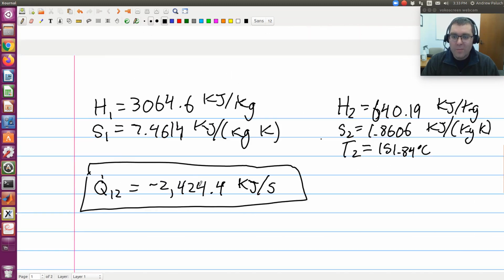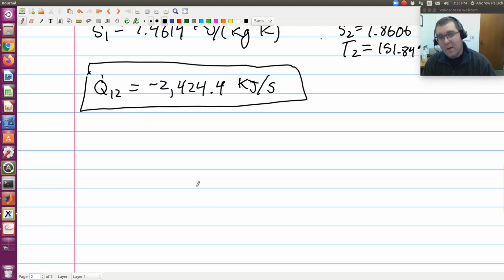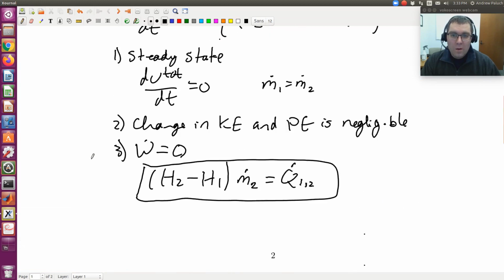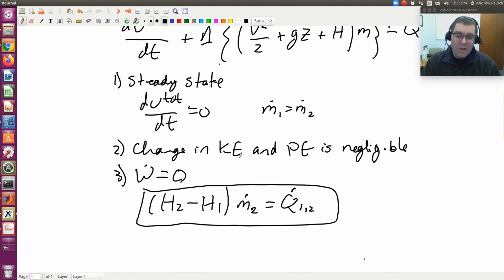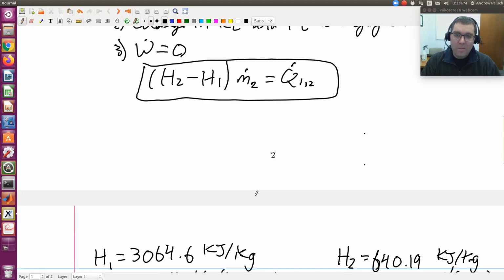Okay, so if I were to perform my first law balance on stream 3-4, we would make the same exact simplifications and get exactly the same form of the first law.